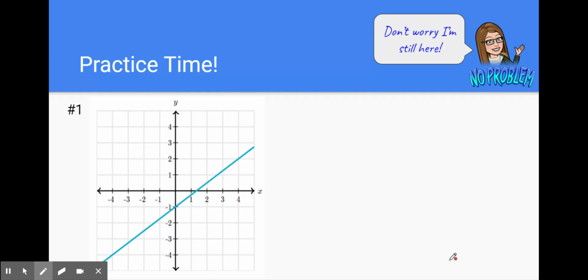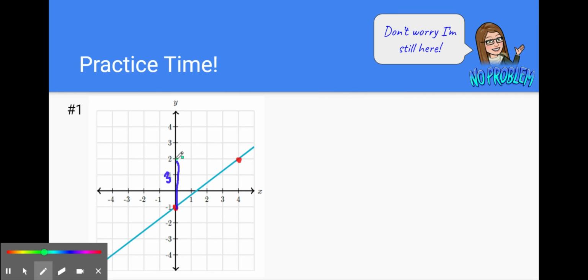Recall in the video, he pointed out that he picked integer locations on the line. So points that were perfectly at integer locations. So here's one, I go along my line till I find another one, and here's another one. Okay, so we want to count the rise and the run. So I have to go up 1, 2, 3. So my rise is 3.